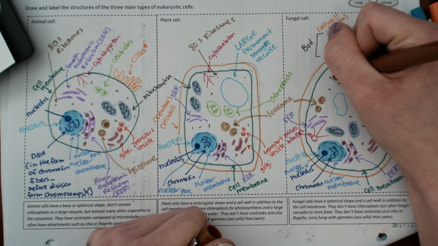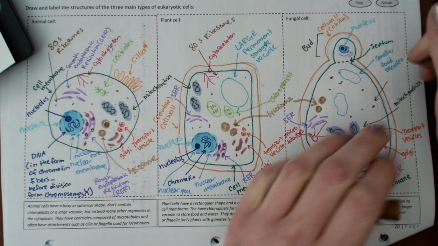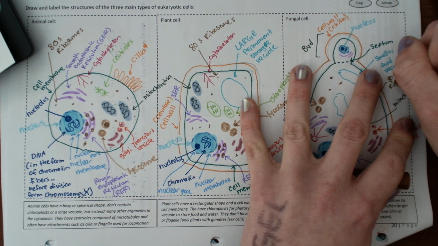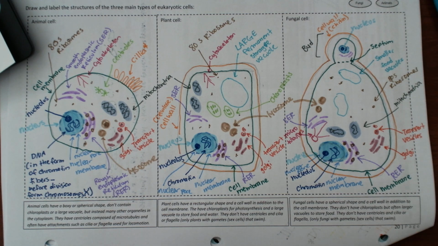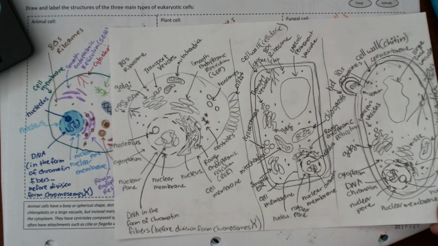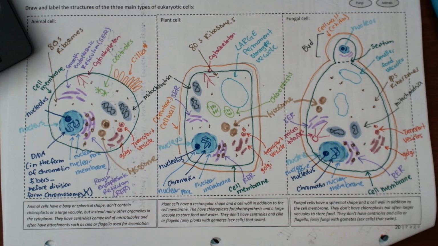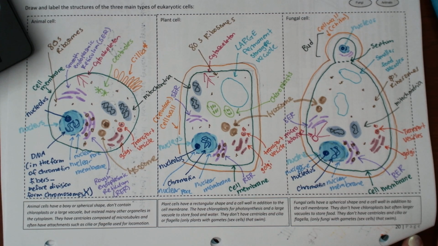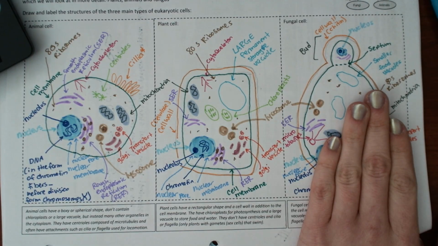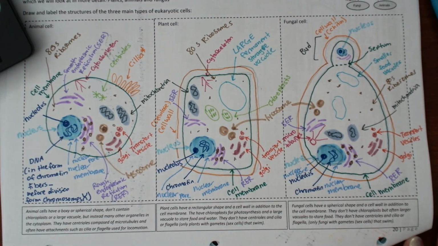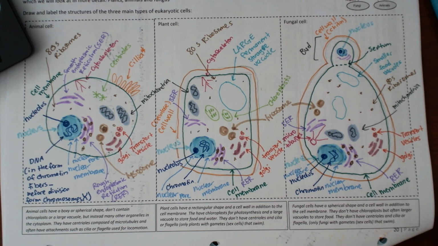Beautiful. 80S ribosomes. Okay, I don't think I forgot anything, but I also am using chaos as my guide. So hopefully this was clearer, or at least you can now know what I wrote because I said it to you. But basic animal cell, basic plant cell, basic fungal or yeast cell. Ta-da.